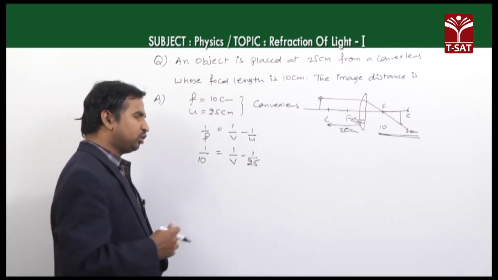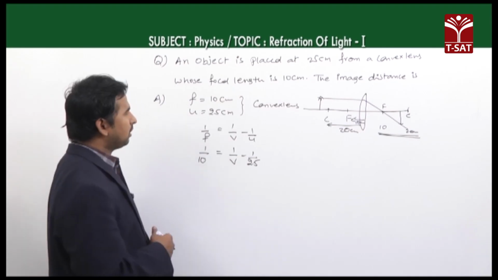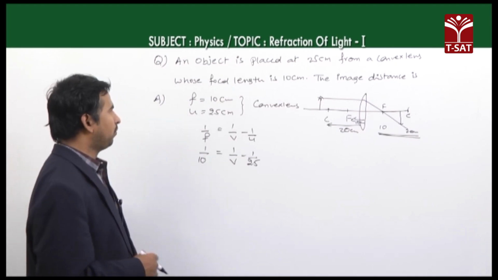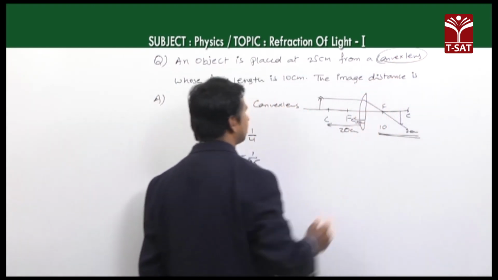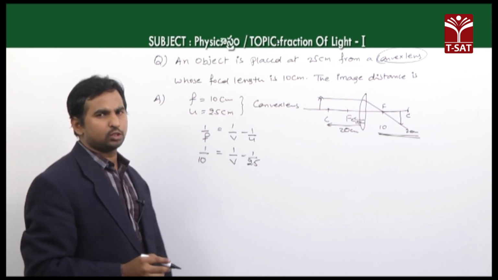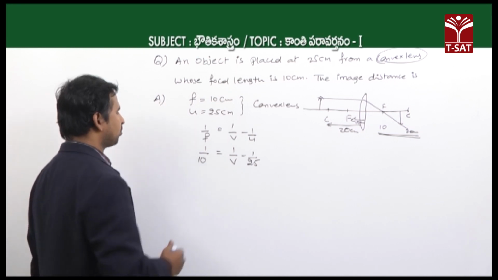After substituting these values, at first we have to check the sign convention. As it is a convex lens, which is a converging lens, its focal length is positive. So we take the f value 10 as positive.